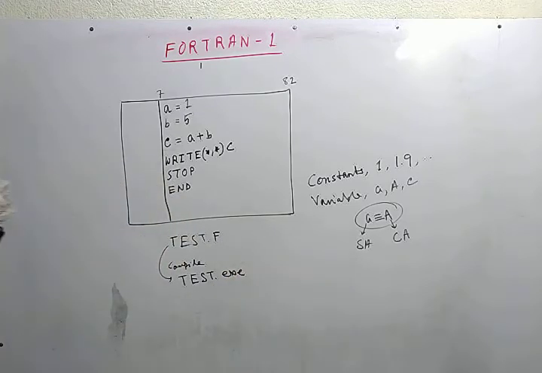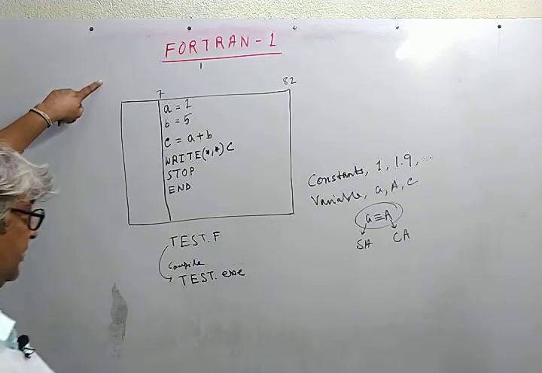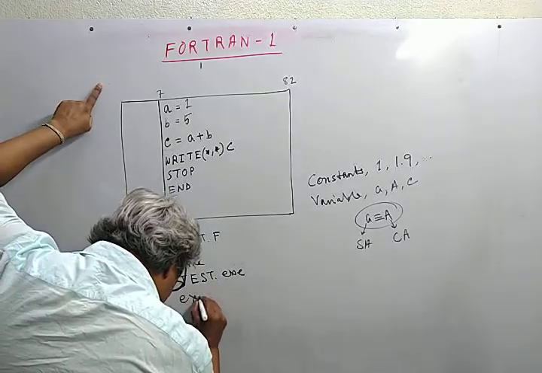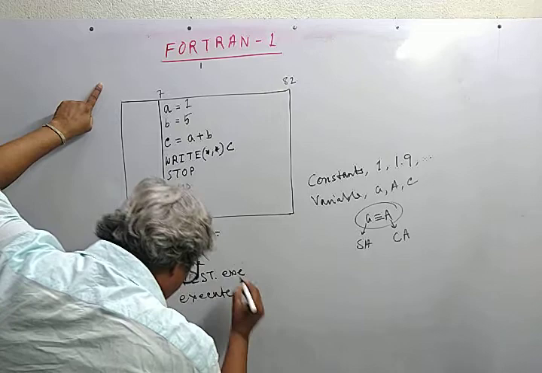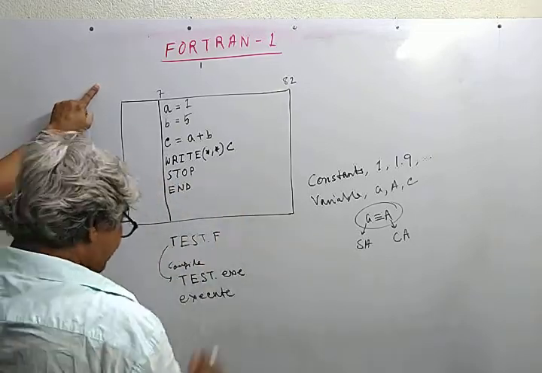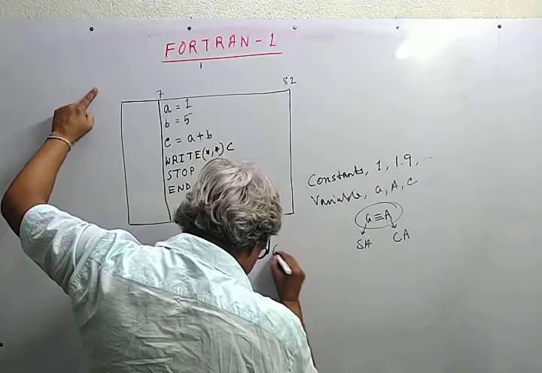If you try to run this, then again you go to the run option and execute. If you click on execute program, you will find the output, it is 6.0.